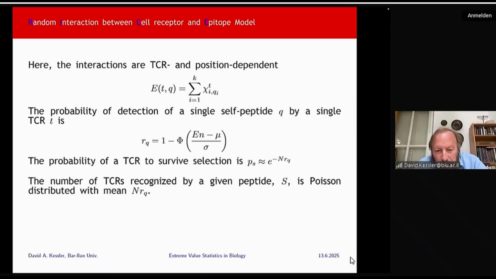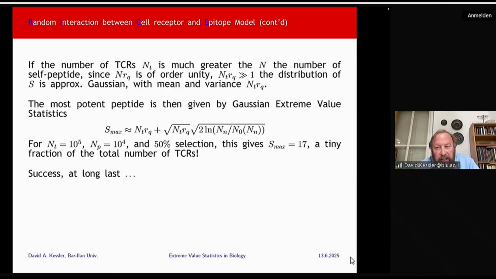Since n is big, the number of TCRs recognized by a given peptide S is therefore Poisson distributed with mean nRq. All right. Now, if the number of TCRs is much greater than n, the number of self-peptides, and nRq is a number of order unity, but n_T Rq is much, much bigger than 1, the distribution of S is approximately Gaussian with mean and variance given by n_T Rq, which is a large number.